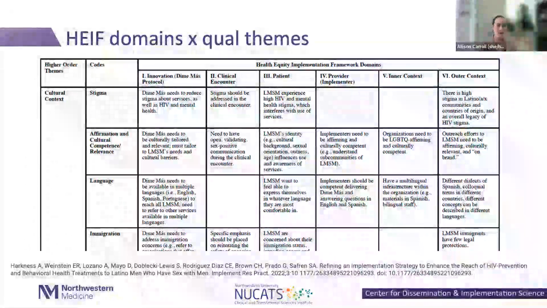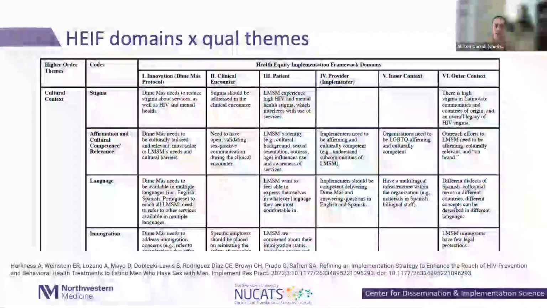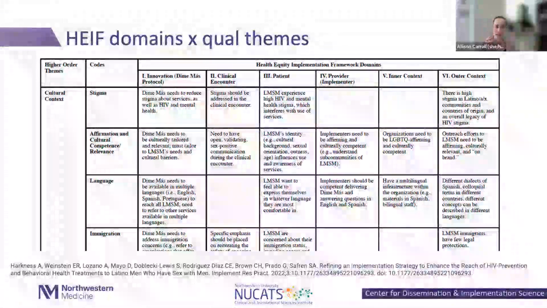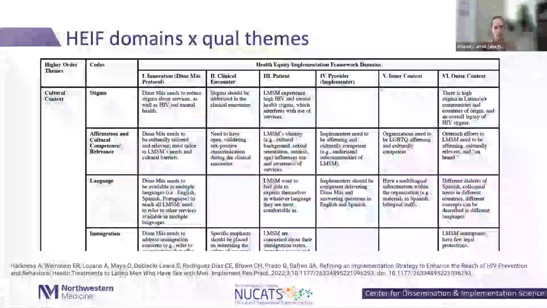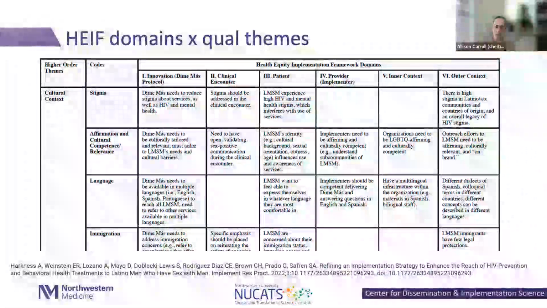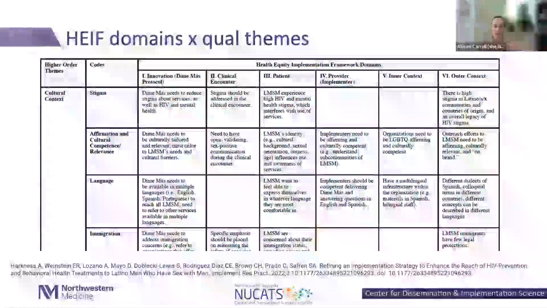So on the far left, you see the broad theme or domain that emerged from their qualitative research, thinking about cultural context, within which they identified points of stigma, affirmation and cultural competence, the language, and immigration status. And then you can see on the right-hand side, the 6 domains of the health equity implementation framework. And so where those pieces intersected, which I thought was a really interesting way to approach this.